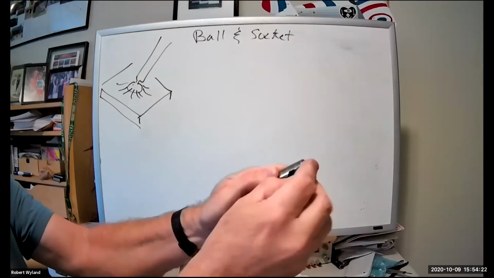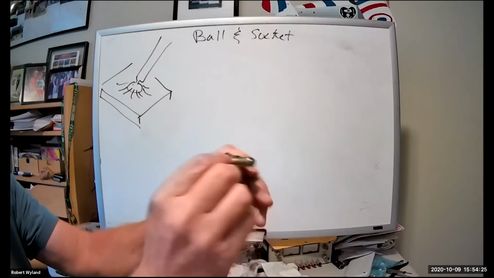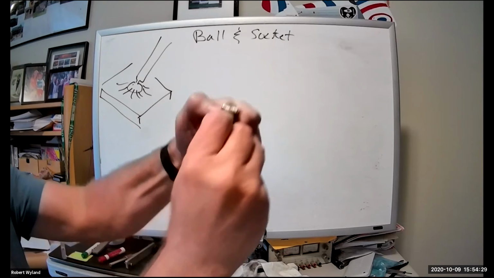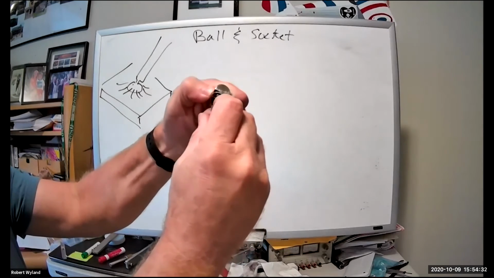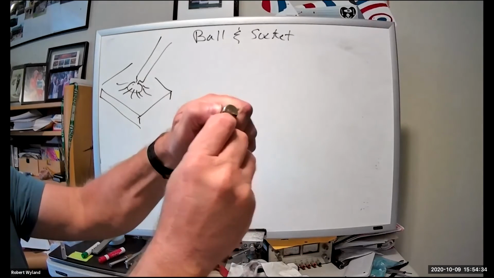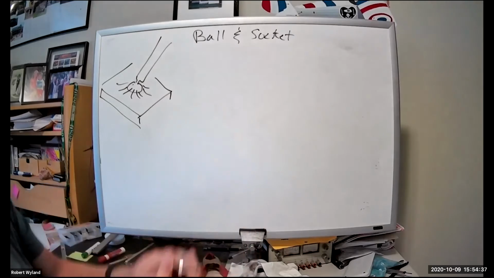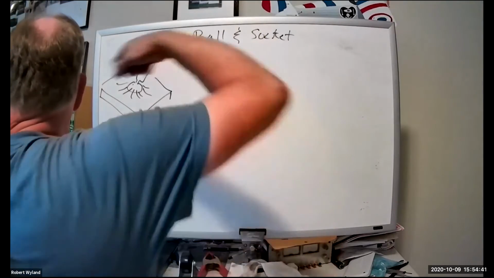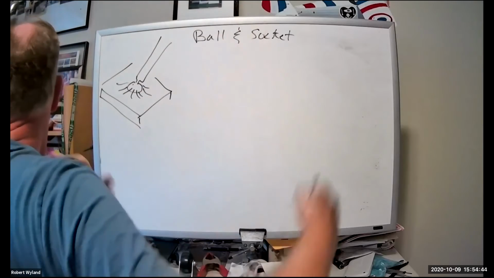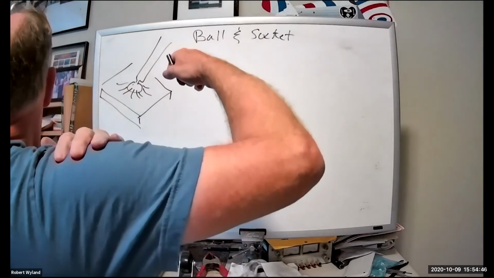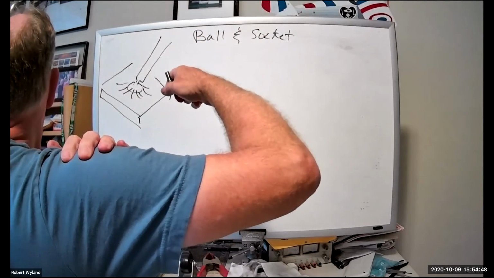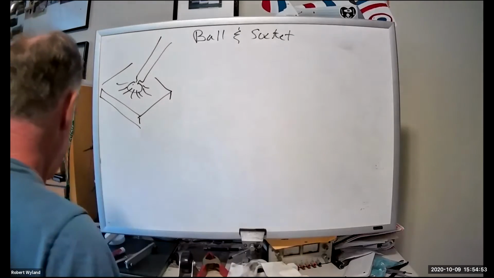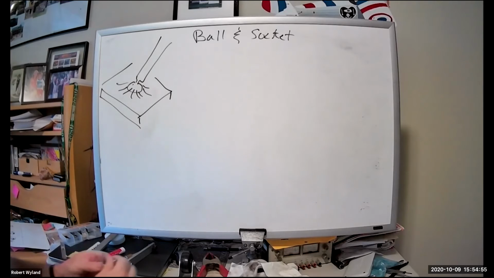If I peel back this rubber boot, you can kind of see in there's a ball in that socket. And other balls and sockets are your shoulders. Right there, inside of your shoulder, there's a ball and socket arrangement that goes out to the rest of your arm. So in case you're wondering what they look like.